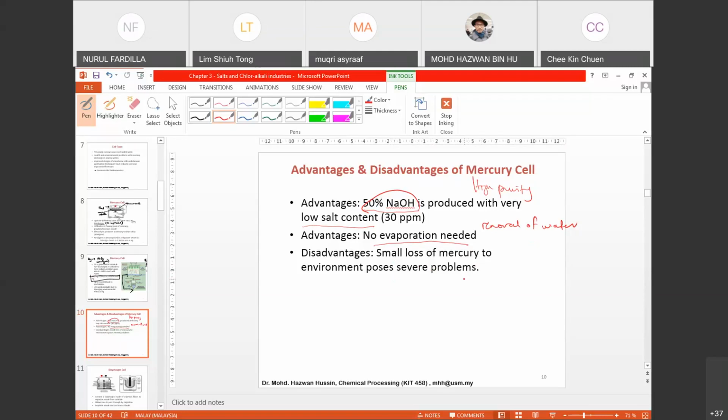In fact, if there's a mercury spillage in your lab, say you suddenly broke your thermometer, you need to call someone who is an expert, to put sulfur on the spill area. You isolate the area and so on.